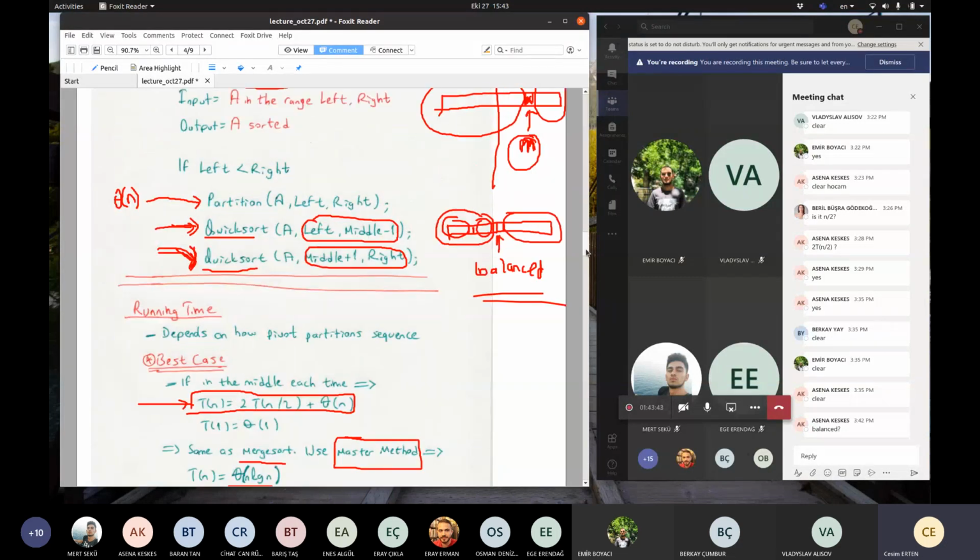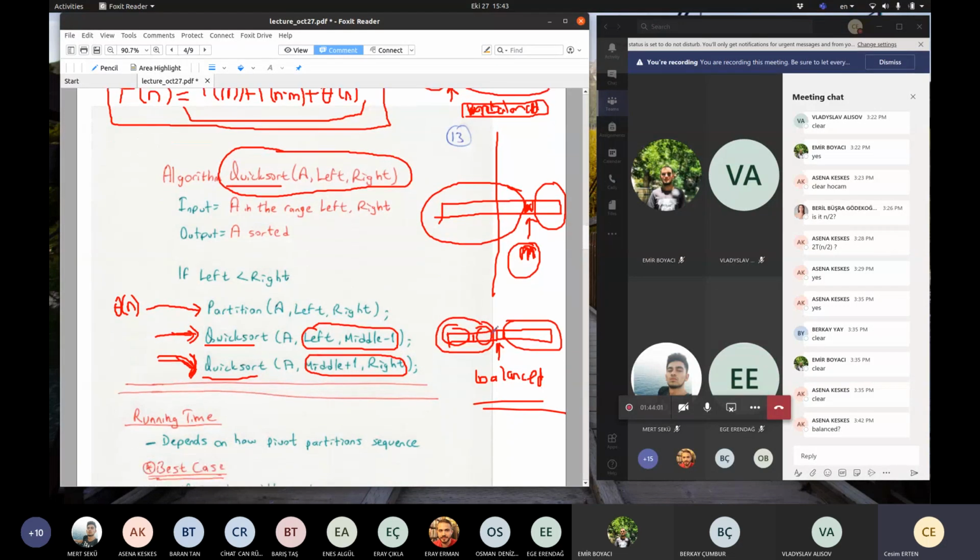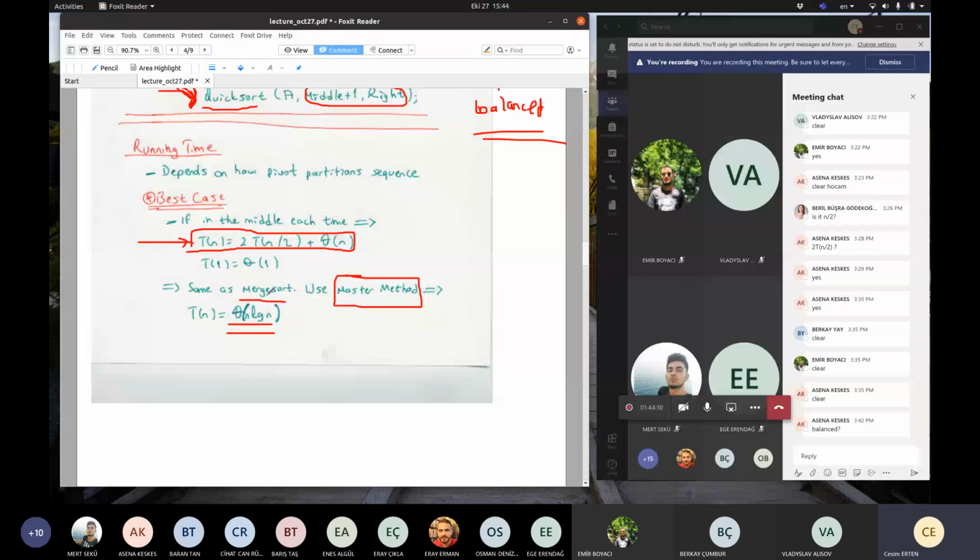So if all the partitions, also counting the partitions that happen within the recursive calls, throughout the quicksort algorithm's execution are balanced, such that at each partition the array is divided into two equal halves, then the running time of the quicksort algorithm is Θ(n log n).